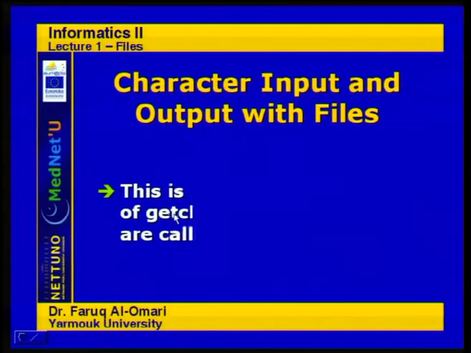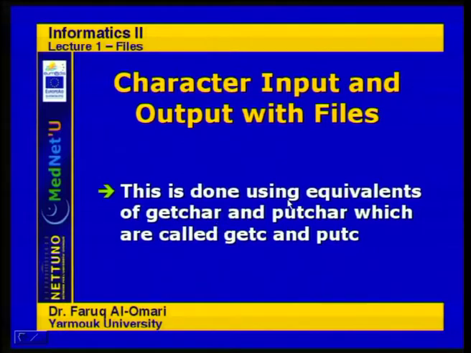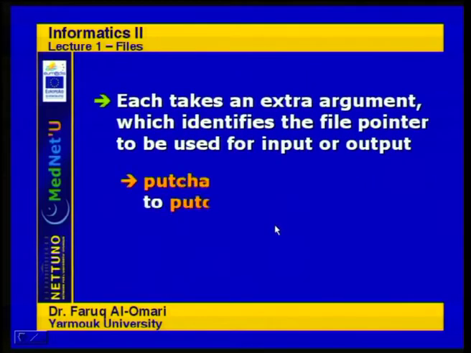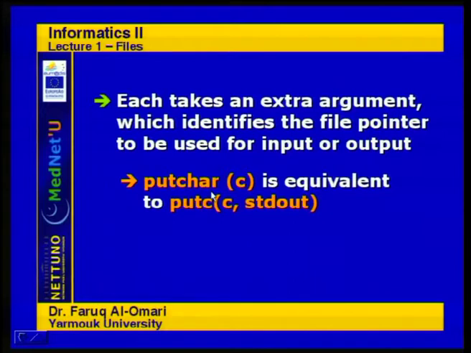So, these functions would be something like putchar, and then between two parentheses, this putchar actually puts a character to the screen, and actually in this case, putchar(c) puts this character c to the standard output.